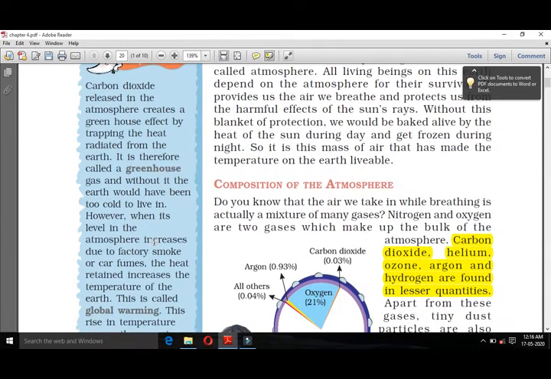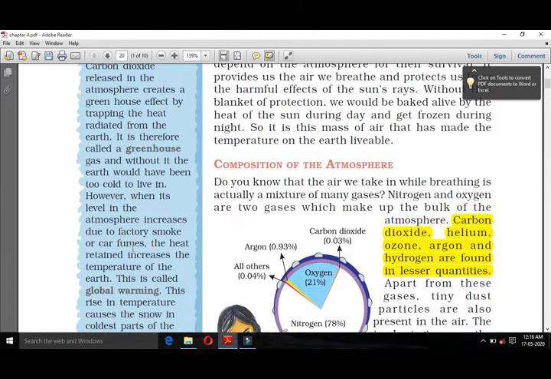When the level of carbon dioxide in the atmosphere increases due to factories, smoke, burning and many kinds of fossil fuels, these things make it hot, and due to these our global warming is increasing.